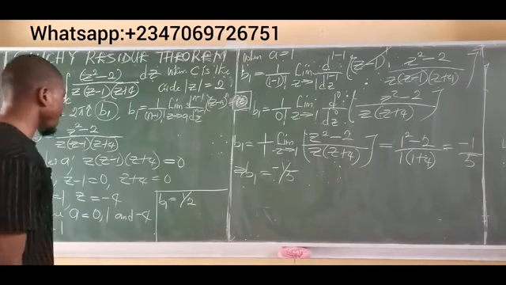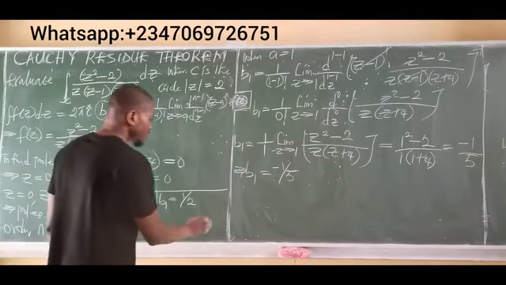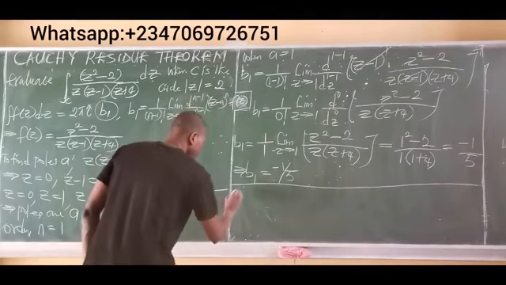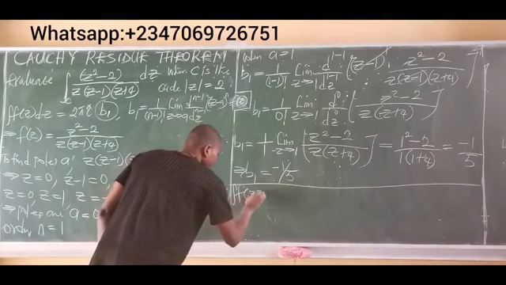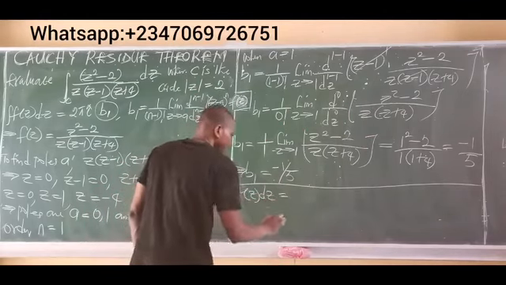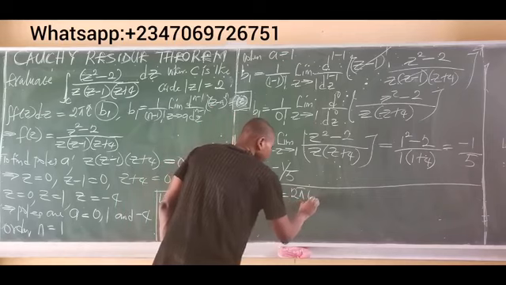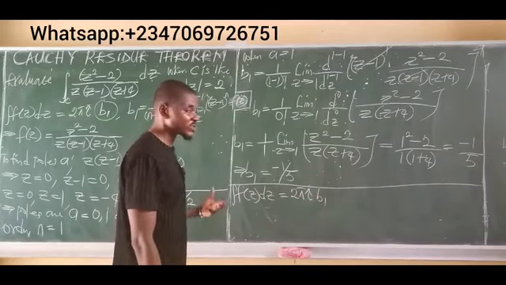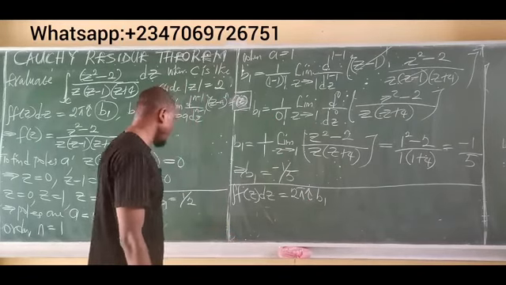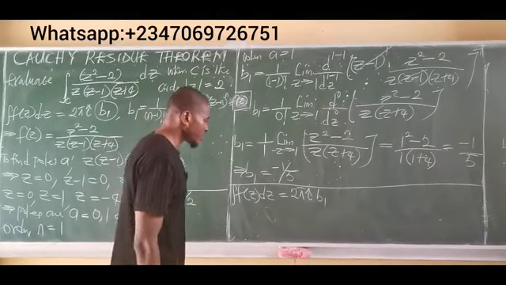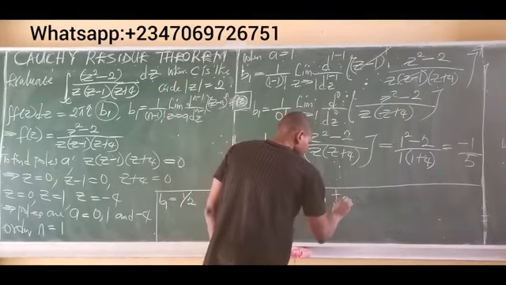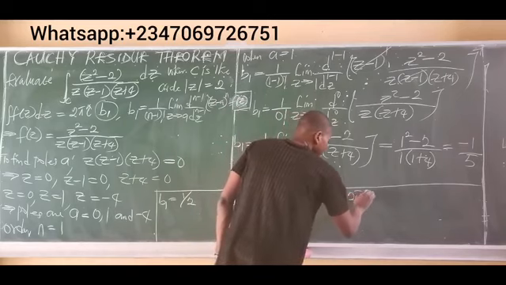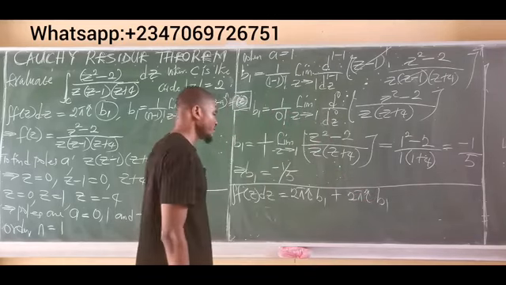We have this. Now the integral of that function, we said, from Cauchy's residue formula, the integral of f of z is equal to 2 pi I times B1. Now, if you have different regions or multiple regions like we've done so far, and we have two values of the residue, then this is going to be plus the second residue, also 2 pi I times the second residue B1.